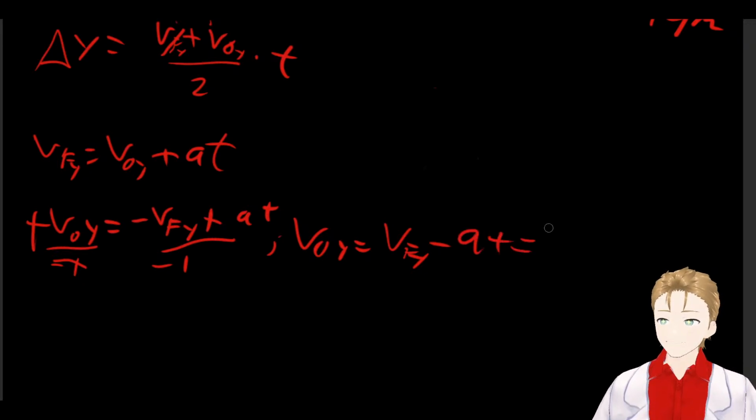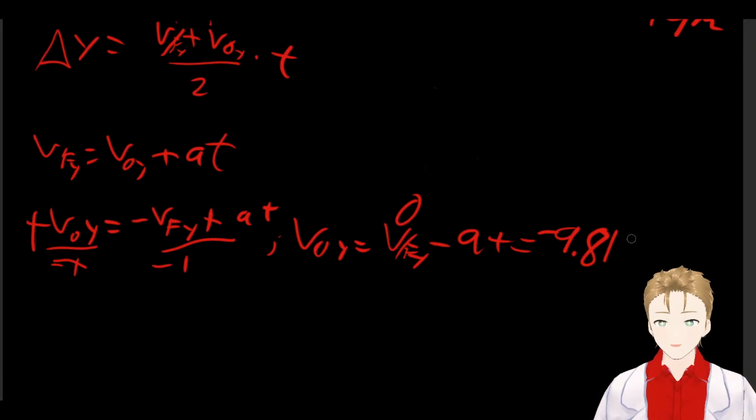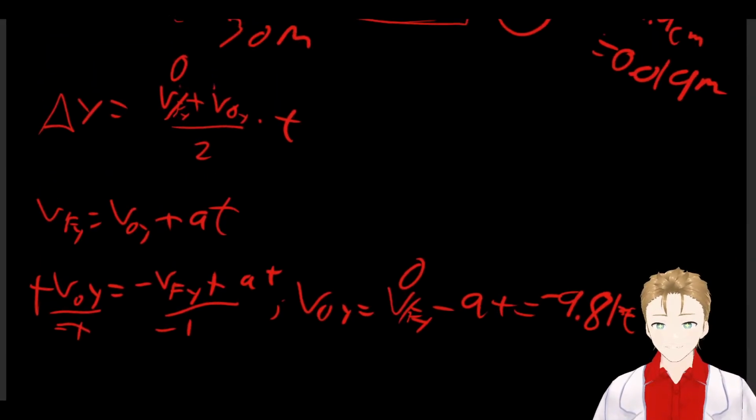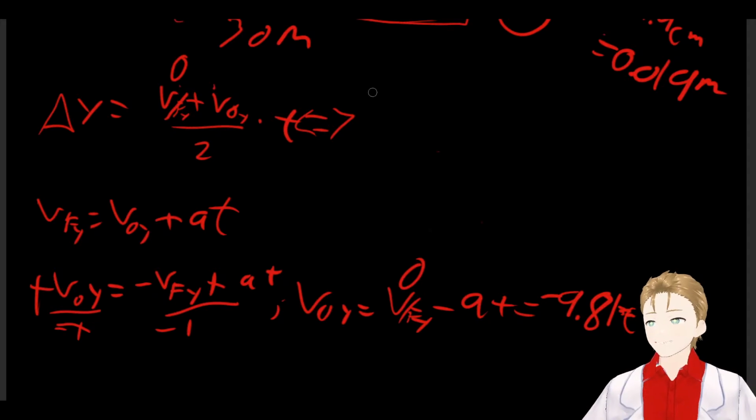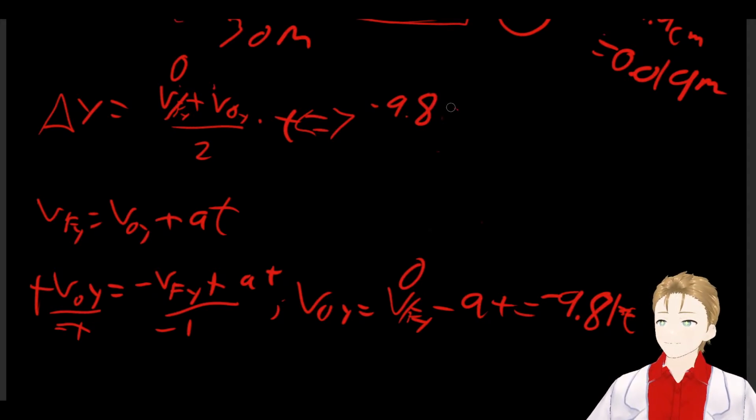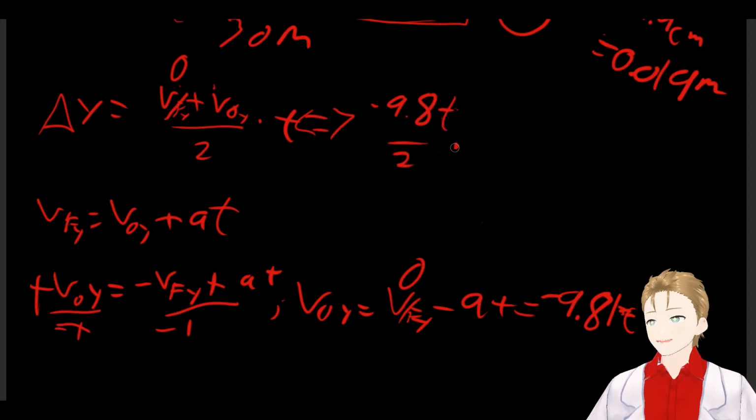This is also equal to, because for our purposes this is 0, negative 9.81 t, and we can substitute here, negative 9.81 t over 2 times t.